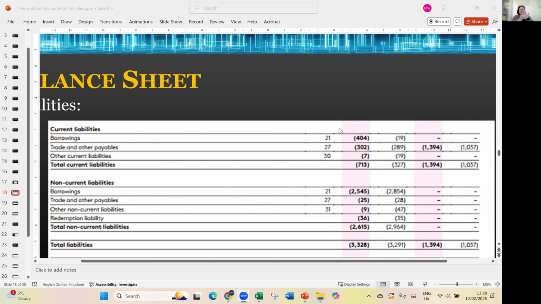But if it's a company that has a floating rate instead of a fixed rate, and you think that interest rates will go up, then on the borrowing side they do what we call mark to market, saying that your borrowing is actually more, because you have to pay more interest.